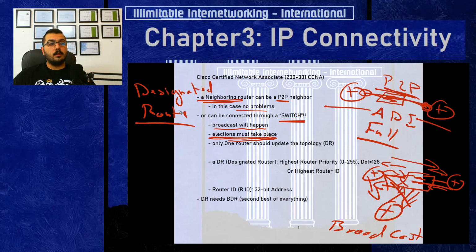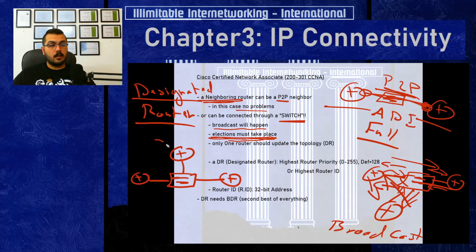This is only one chosen router to speak and to update all the neighbors, while the other neighbors only listen and they do not update each other. They only update the DR. What I mean is that imagine you have this type of topology.